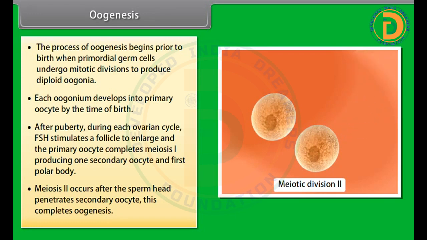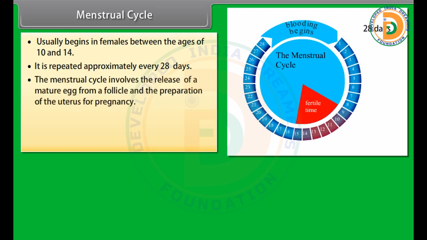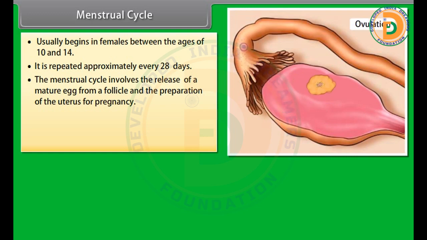This completes oogenesis. Menstrual cycle. The menstrual cycle usually begins in females between the ages of 10 and 14. It is repeated approximately every 28 days. The menstrual cycle involves the release of a mature egg from a follicle and the preparation of the uterus for pregnancy.